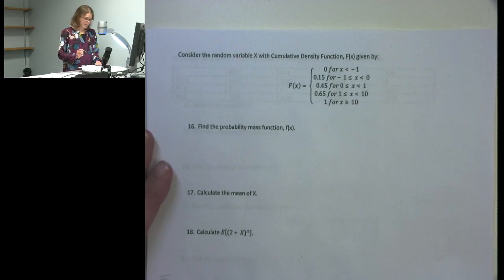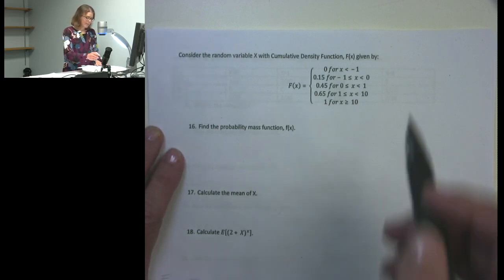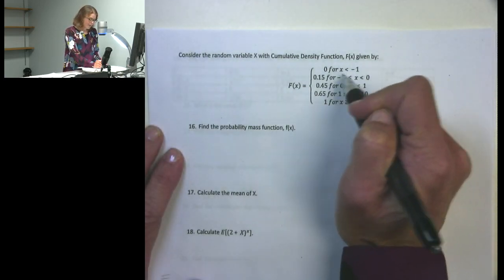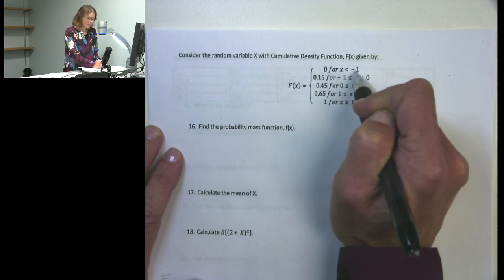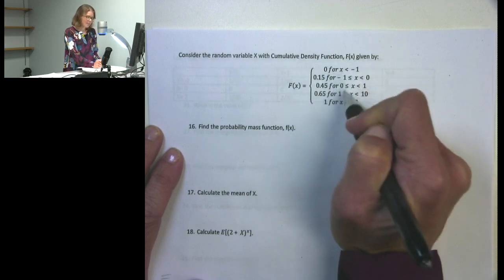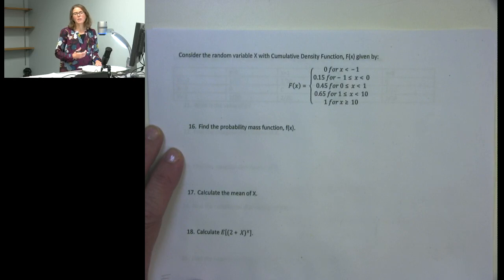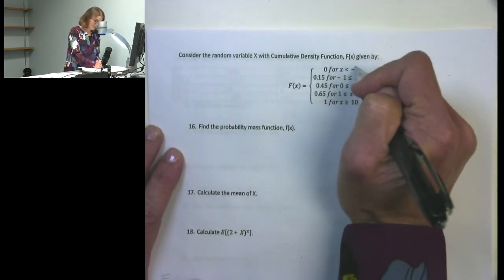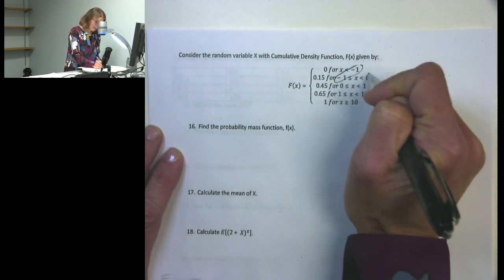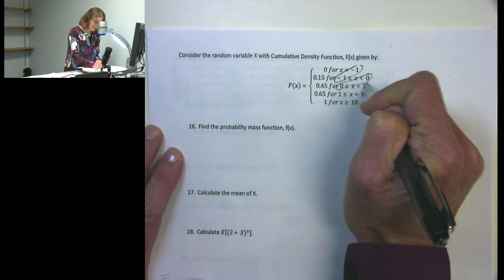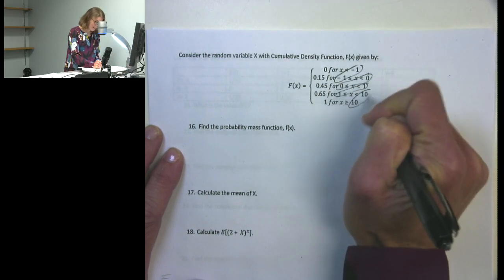The way that we're going to do that is by noticing that, remember, the cumulative distribution function is a step function, and the steps occur at the values that the random variable can take. So, for instance, I've got steps at -1, at 0, at 1, and at 10.